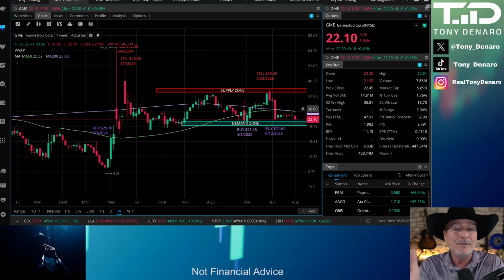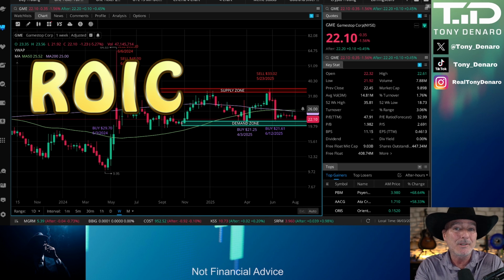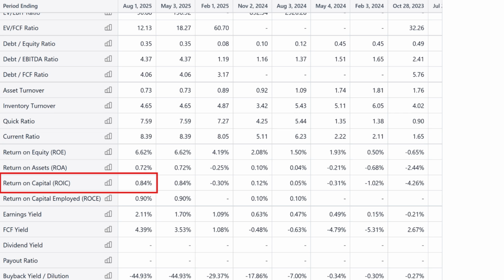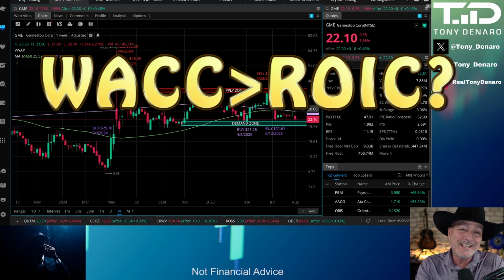And we're going to talk about return on invested capital. That is really one of the most key ratios that GameStop needs to focus on improving, especially relative to its peers. According to stockanalysis.com, GameStop's trailing 12 months ROIC is under 1%, 0.84% to be precise. But here's the catch.